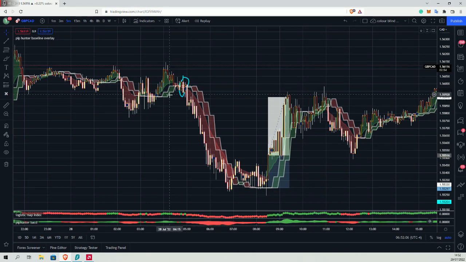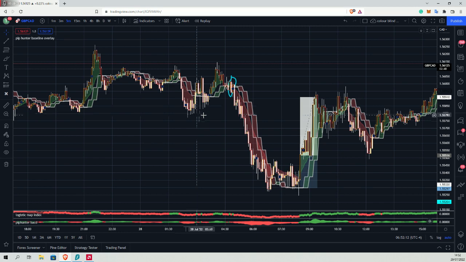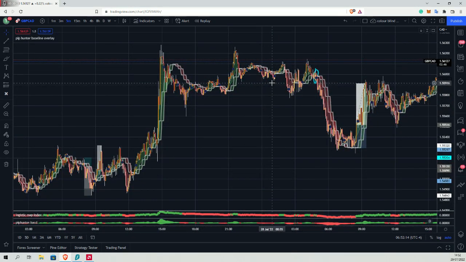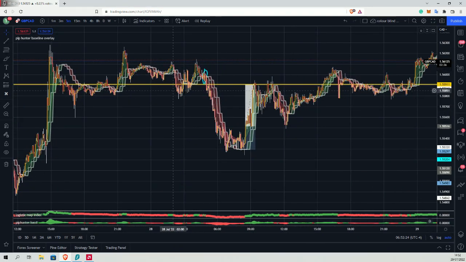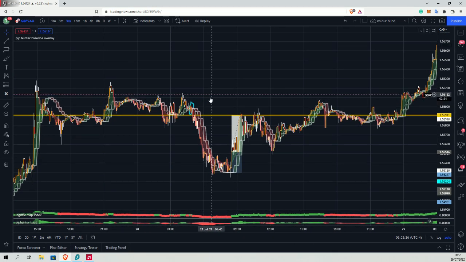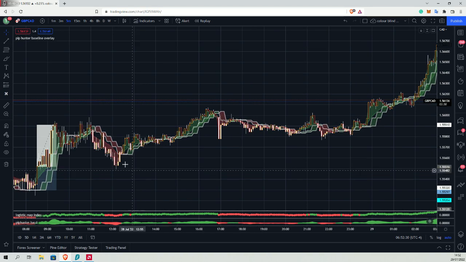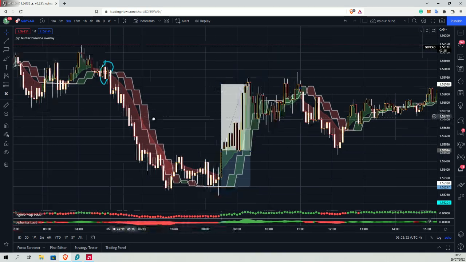In this case I went a little bit further because I'd set it to the edge of the team ribbon here, and the reason being for that was that I'd concluded that it was a relatively interesting level due to all of the wicks coming through and tapping in through here. You see it happened quite consistently, so I concluded that somewhere in there would be an important level, and that's how I then stretched it to 1.8.